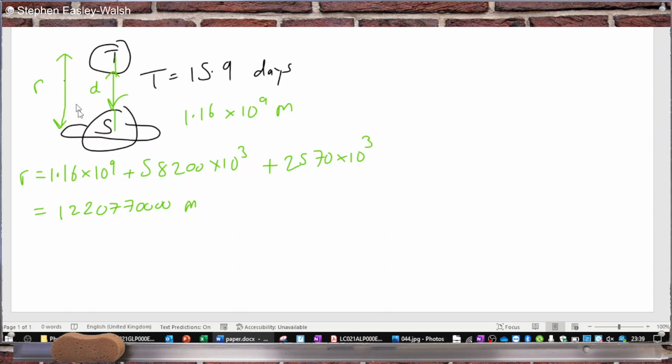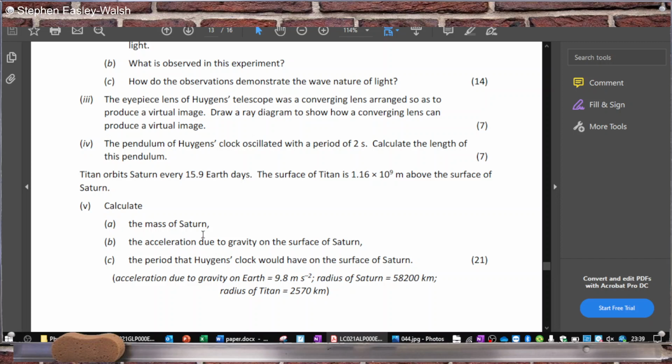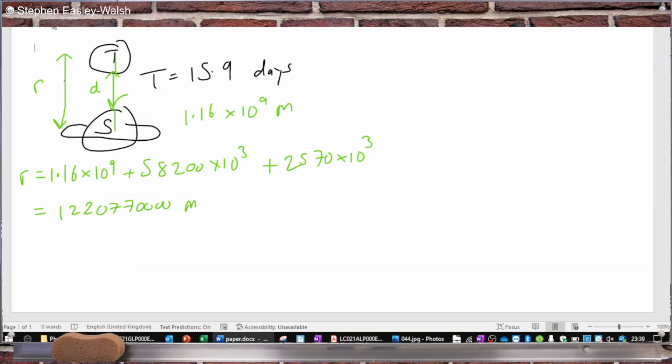Okay. Right, so what are we looking for? Calculate the mass of Saturn. This uses Kepler's law, which I'm pretty sure is in the formula book. I don't think I can remember it.